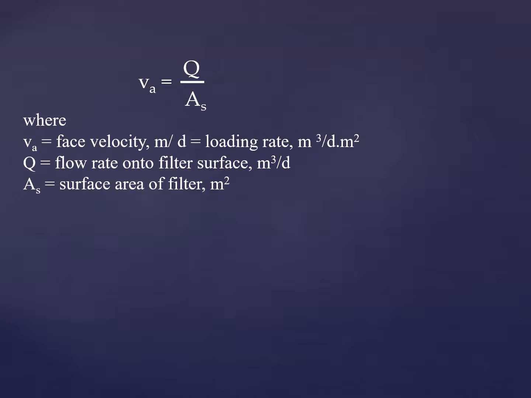So Q over area is meters cubed per day per meters squared, and that will be the unit for velocity. If you cancel, the velocity will be meters per day.